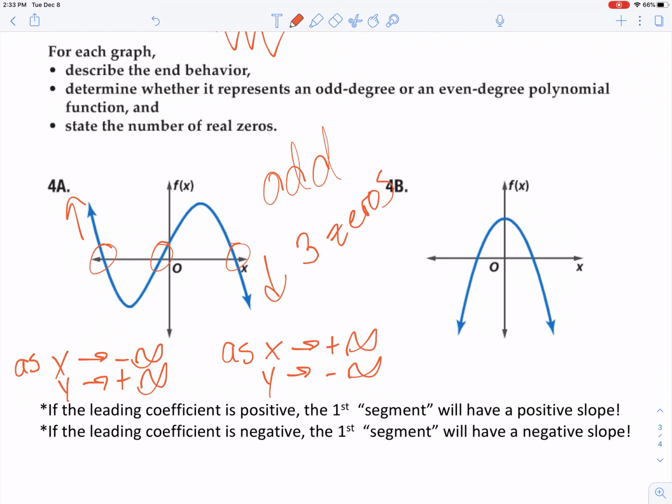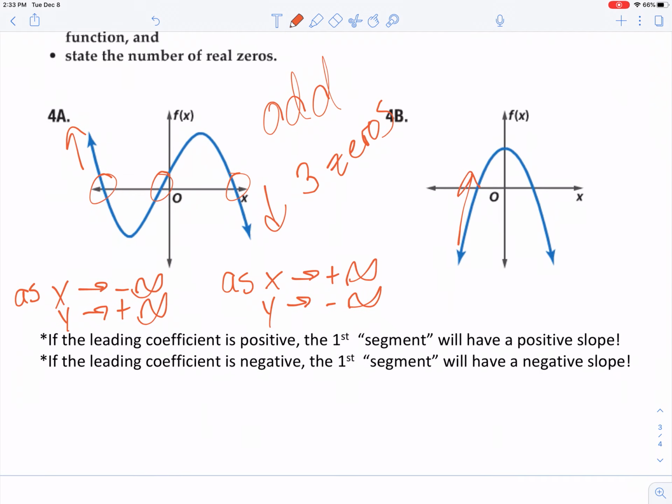And here's a fun fact. If the leading coefficient is positive, that means that first segment will have a positive slope. What I mean by that is if it was like on this quadratic on this side here, y equals negative x squared plus 2x, whatever. Notice, I'm sorry, I wrote that wrong. Let me try again.